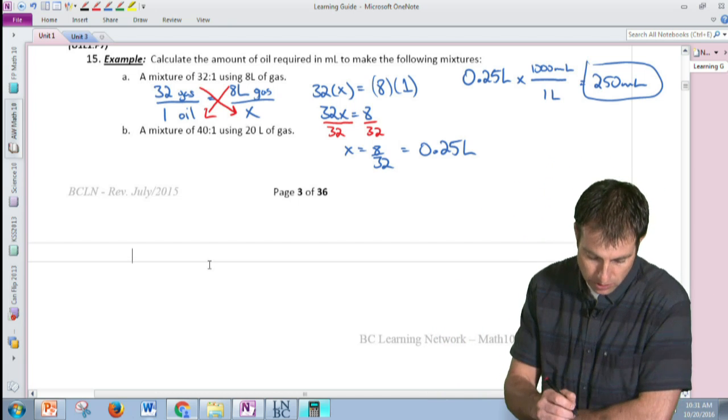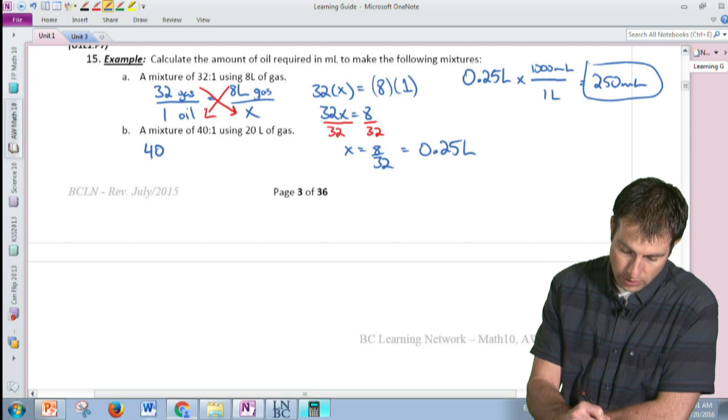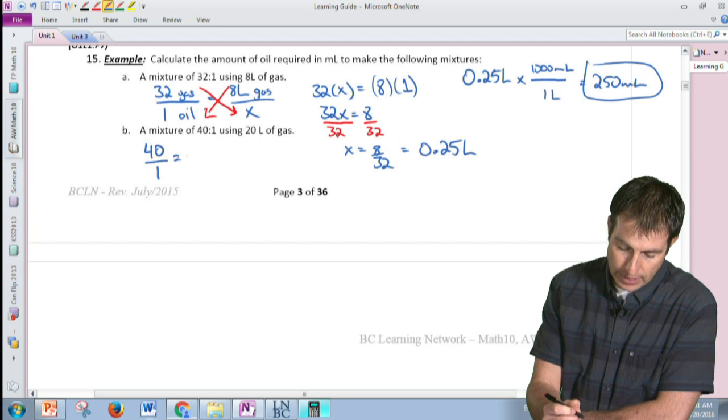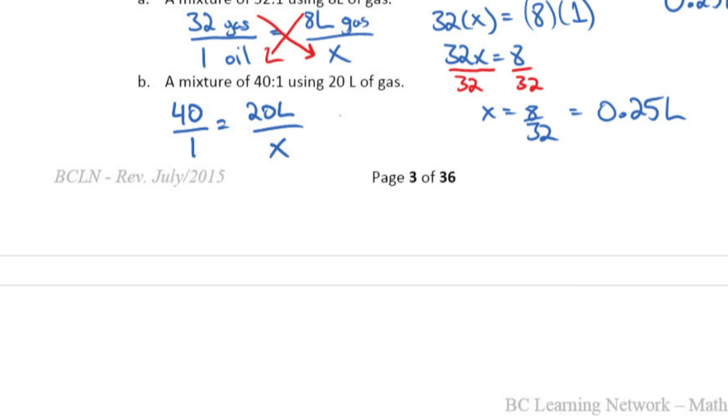Let's see if we can do this one real quick. This second one was a mixture of 40 to 1. So 40 parts gas for 1 part oil. And I had 20 liters of gas, and I need to figure out how much oil I'm going to add there. I'm going to do the exact same process. Top on one side, bottom on the other side. So I'm going to get 40 times x is 20 times 1, or just 20. Divide both sides by 40.